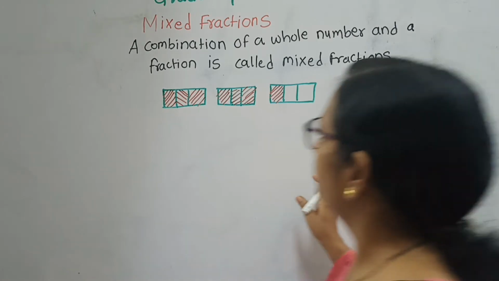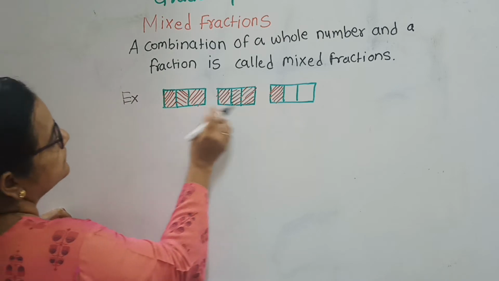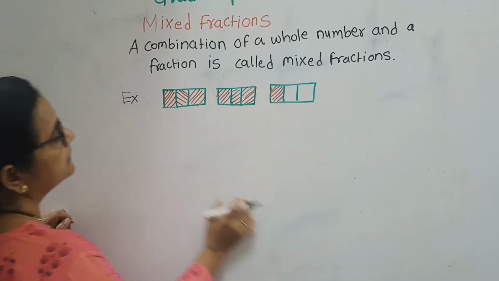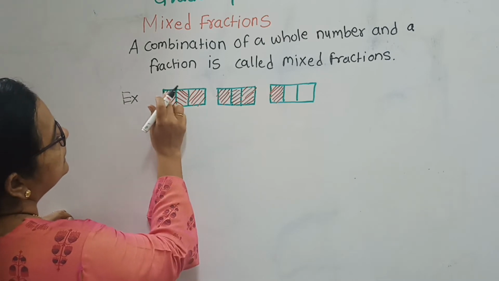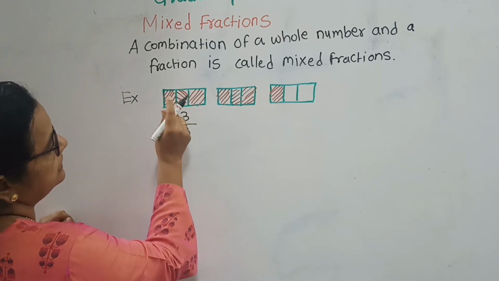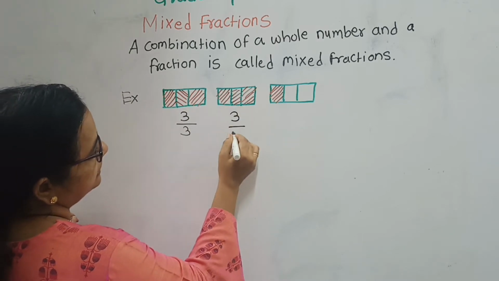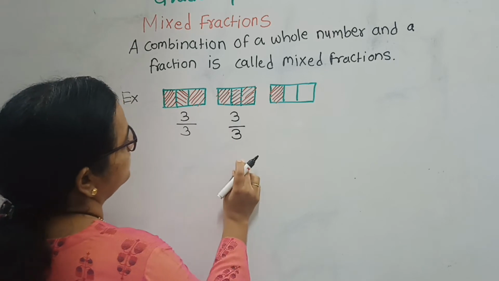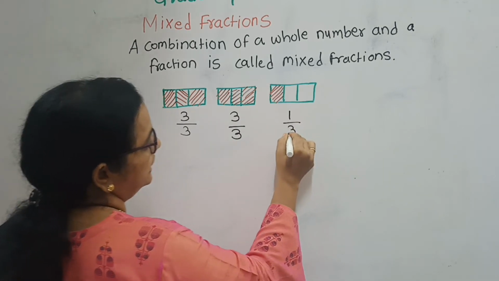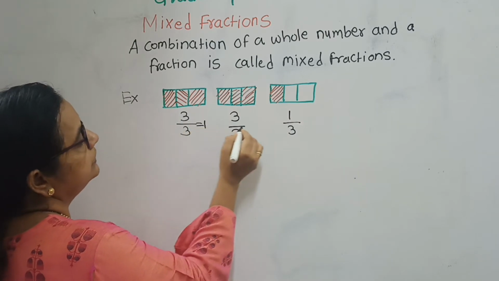See here, one more example, children. Here are 2 figures, and here the third. In this figure 3 parts are there and 3 parts are shaded. Here also 3 parts are shaded out of a total of 3 parts, and here 1 part is shaded out of 3 parts. Children, you know 3/3 is equal to 1.